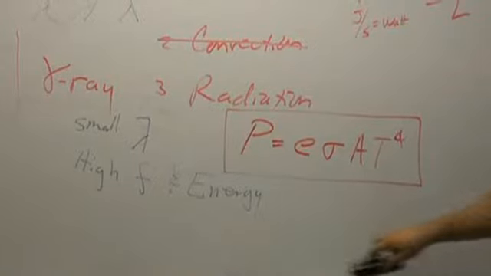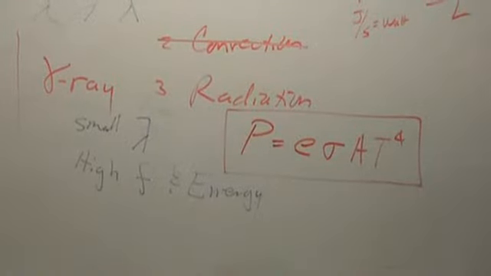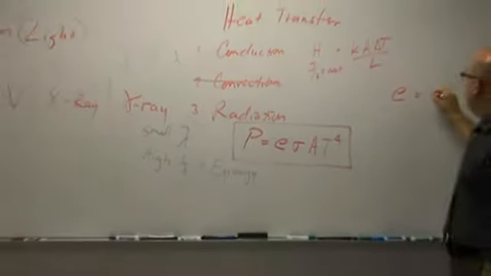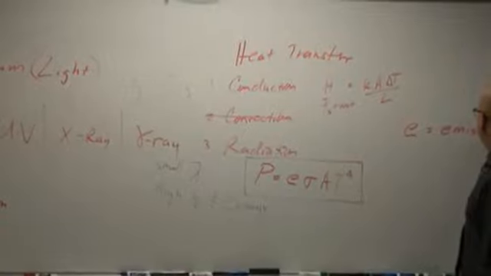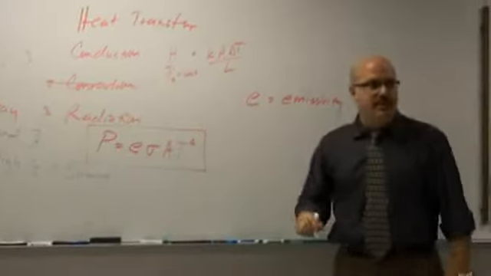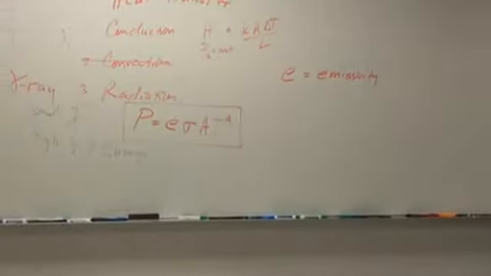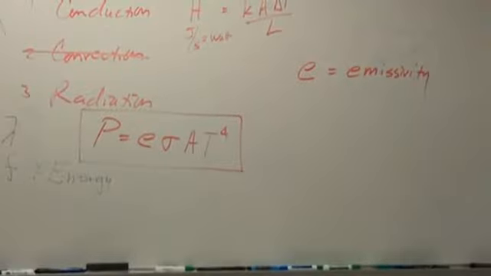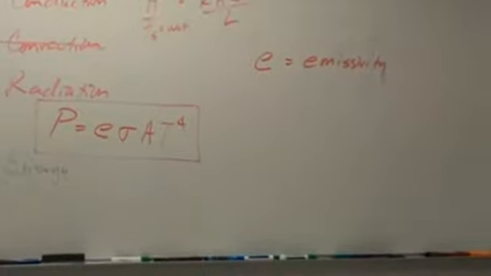So you'll need to write this one down. E equals emissivity. Emissivity tells you how well the object emits radiation.